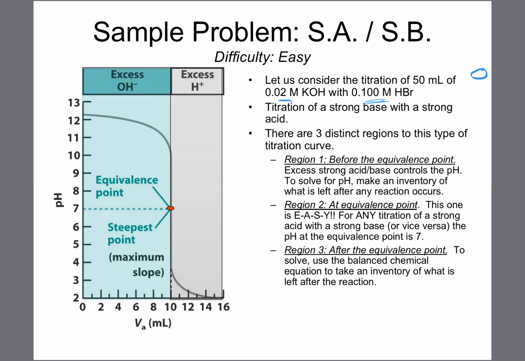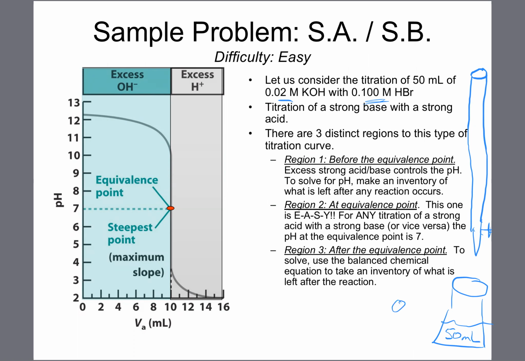Now, the first thing I encourage you to do, when you're given information like this, is write out your drawing, okay? That explains what's going on. Now, 50 milliliters of 0.02 molar KOH. Sounds like that's our sample down here, right? 0.02 molar KOH, potassium hydroxide.